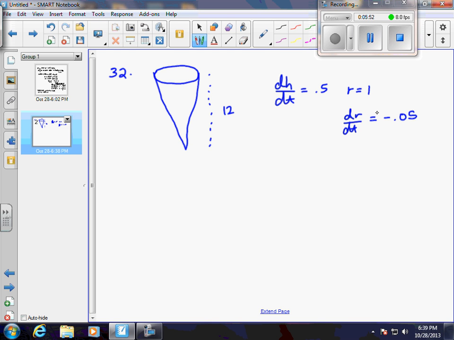Then you are to find whether or not the volume is increasing or decreasing, and by what rate. Also, the volume is 1/3 pi r squared h. I'm trying to find dV dt.